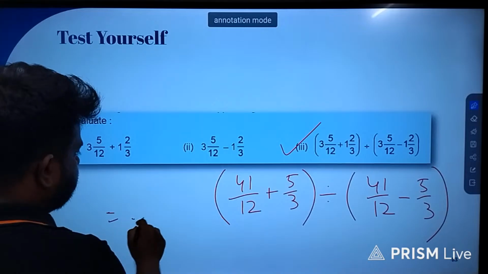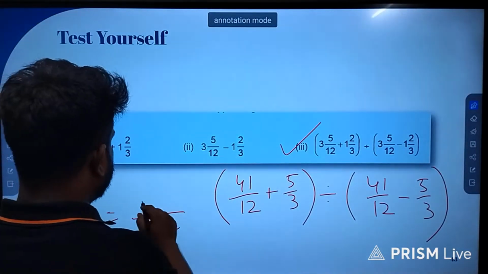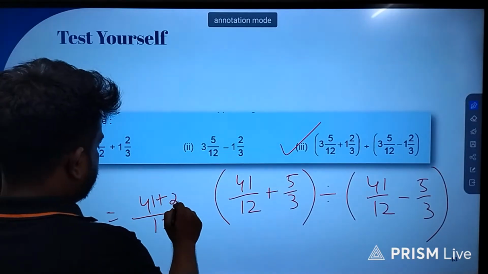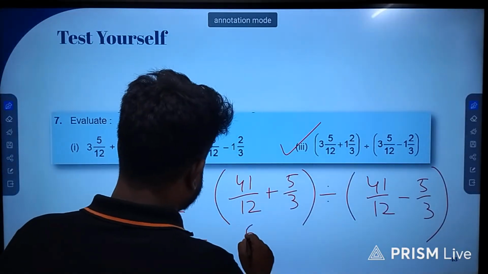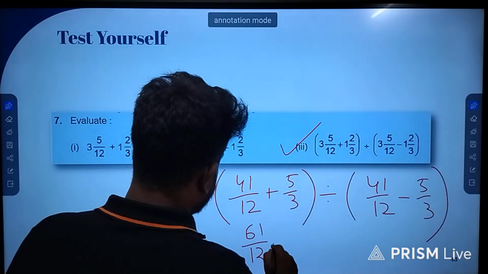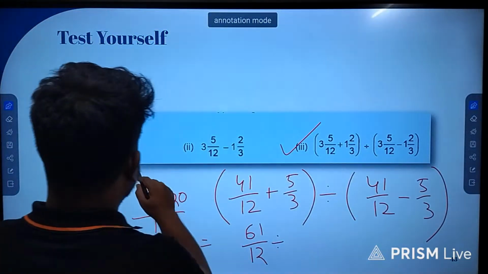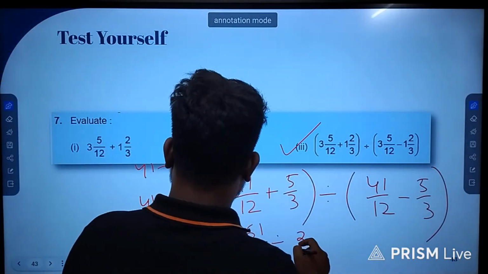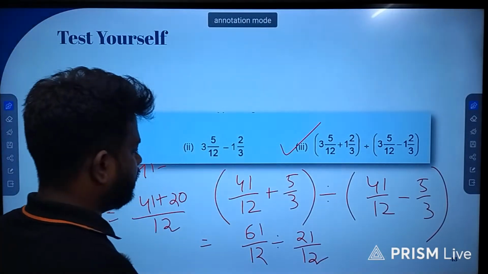Okay, so in the first case we have 12 as the LCM. So it will be 41 plus 20. So we will have 61 by 12 division by 41 minus 20. So it will be 21 by 12.